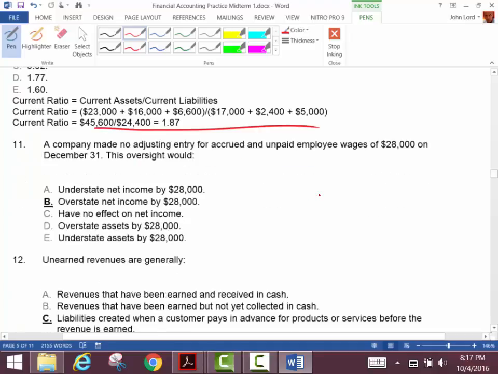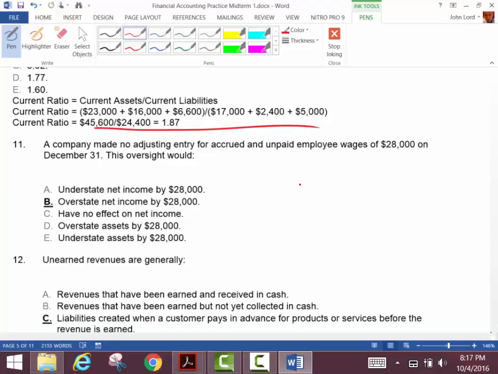A company made no adjusting entry for accrued unpaid employee wages of 28,000 on December 31st. So what happens? The employees worked, say, 3 days. We'll make it 4 days at $7,000 a day, for the first 4 days of the month. Thursday was December 31st, and we don't pay them until Friday.